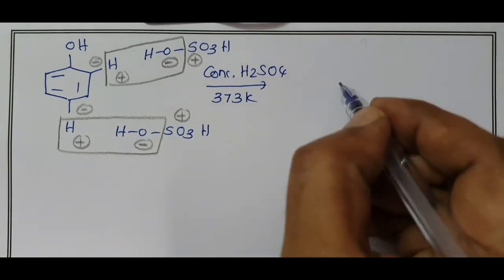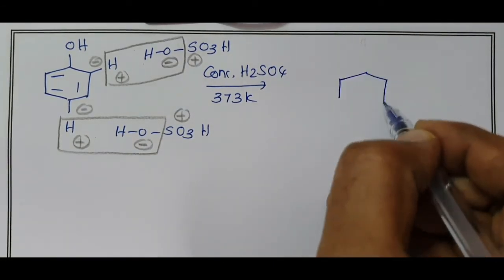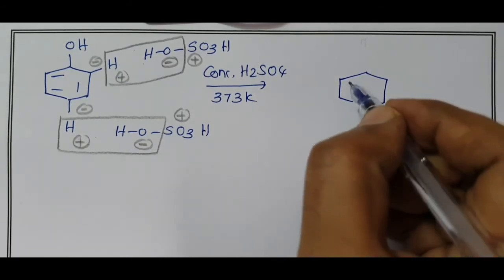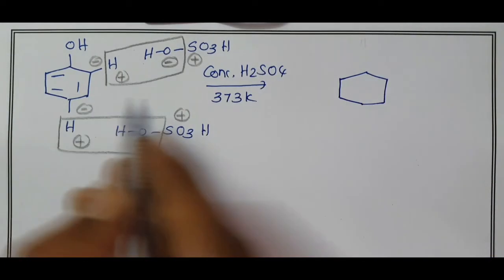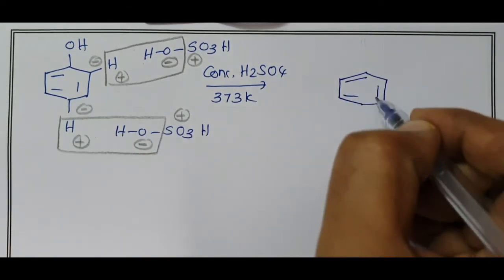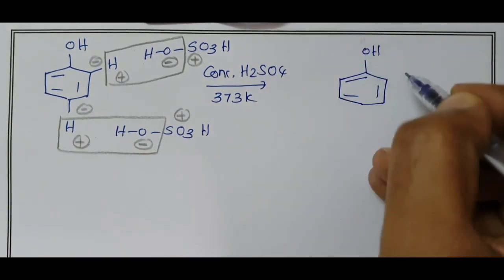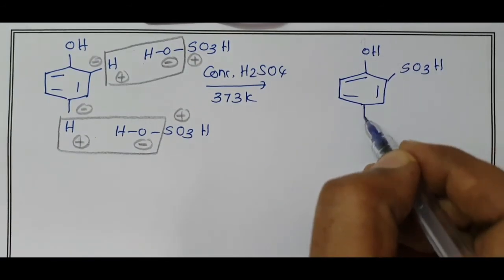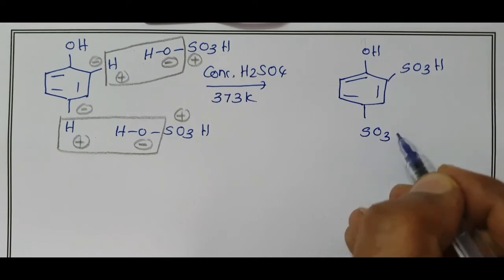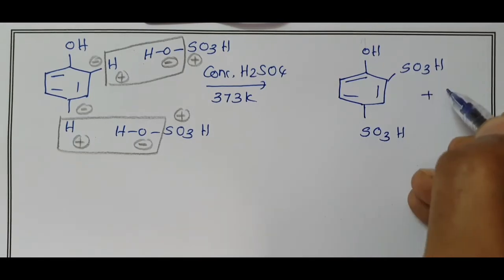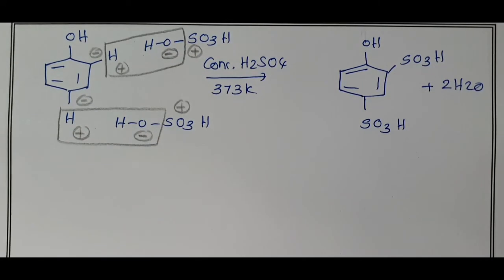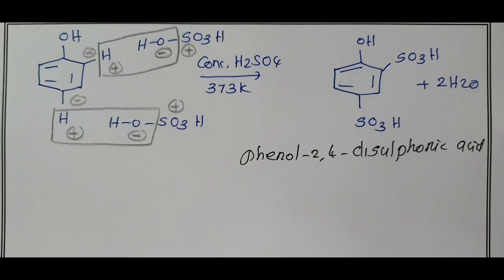First, phenol is converted into this compound, C6H3, with one OH, ortho carbon one sulfonic acid functional group, para carbon one sulfonic acid functional group, with the loss of 2 molecules of water. This is your phenol 2,4-disulfonic acid.